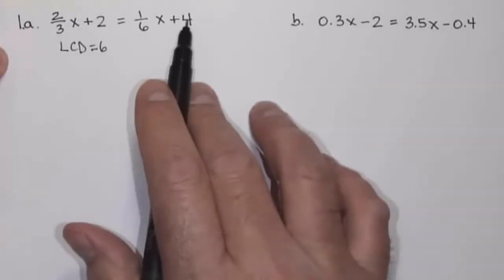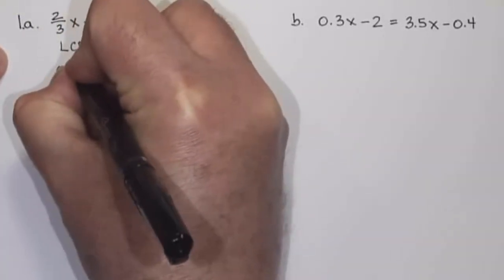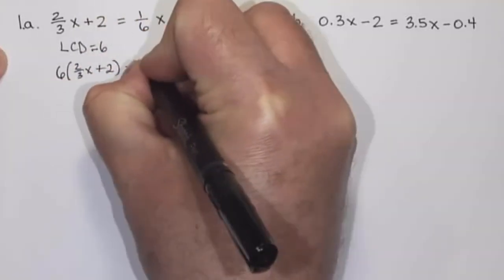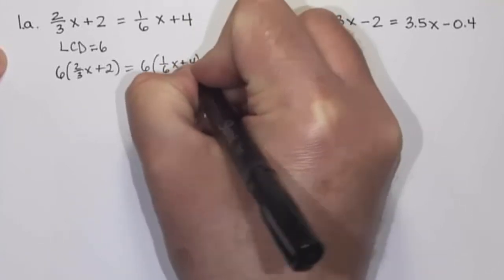So we're going to multiply both sides of the equation by 6. We're going to have 6 times (2/3 x plus 2), and that's going to equal 6 times (1/6 x plus 4).